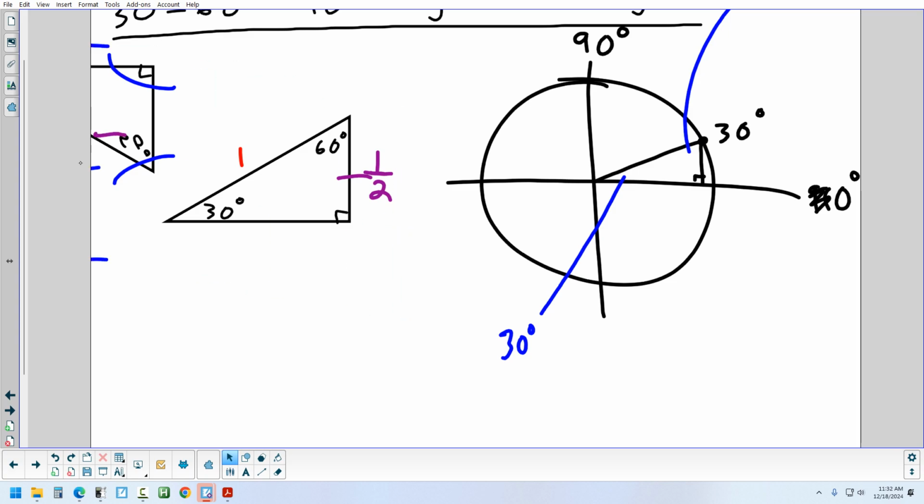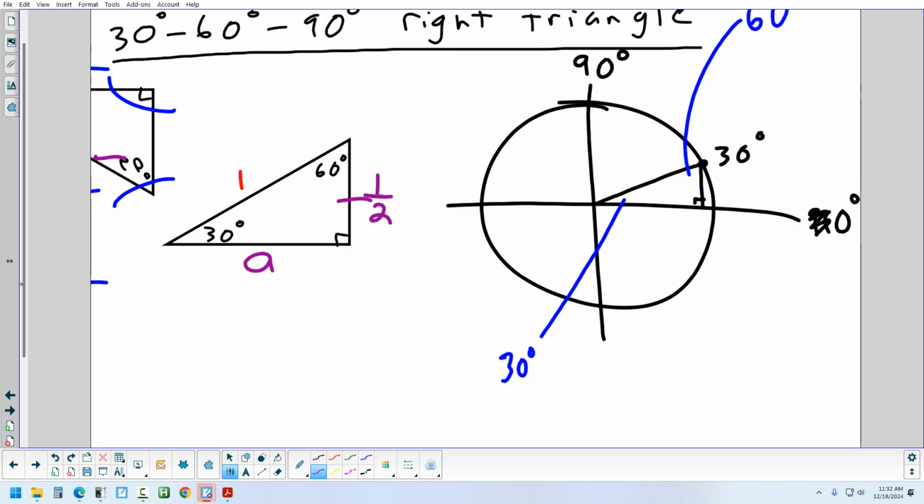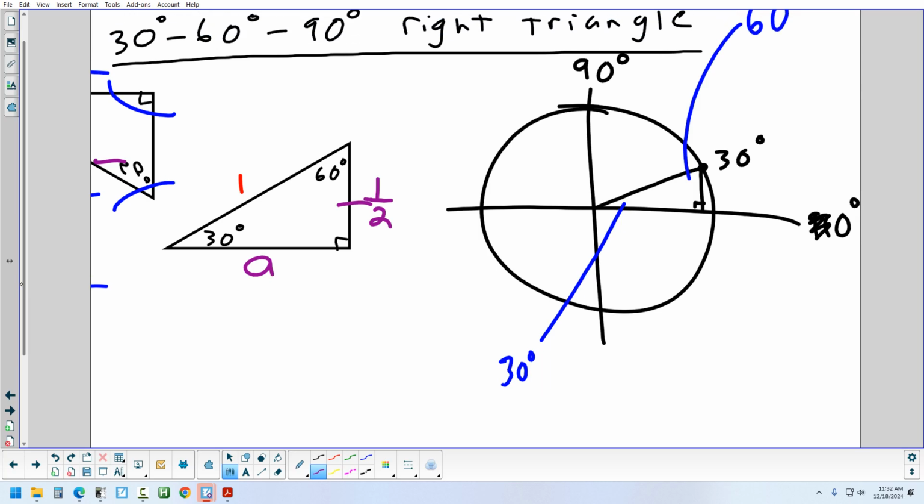Now the bottom side we don't know, we'll just call it A. And now solve for A. But you already know one of the numbers in the coordinate for 30. The 1/2 is going to be the what? That's the y. That's how far up you need to go from the axis to the point. So that's the y.